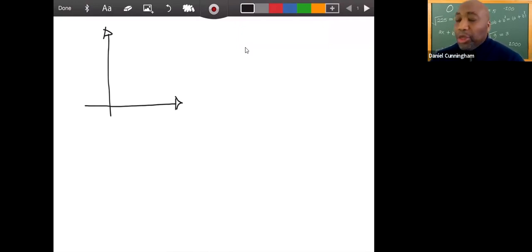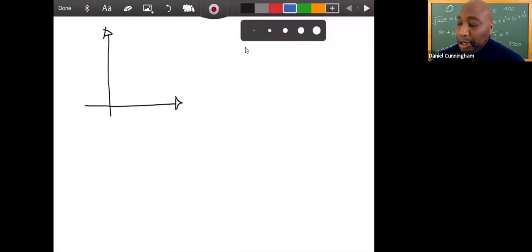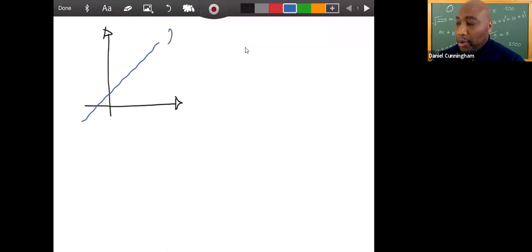So I'm going to look at three different graphs. Let's say we have a linear equation, and let's call that L1. And it gives us this particular line, and another line, let's call it L2. If you graph those two equations and they intersect, the answer is going to be where they intersect.